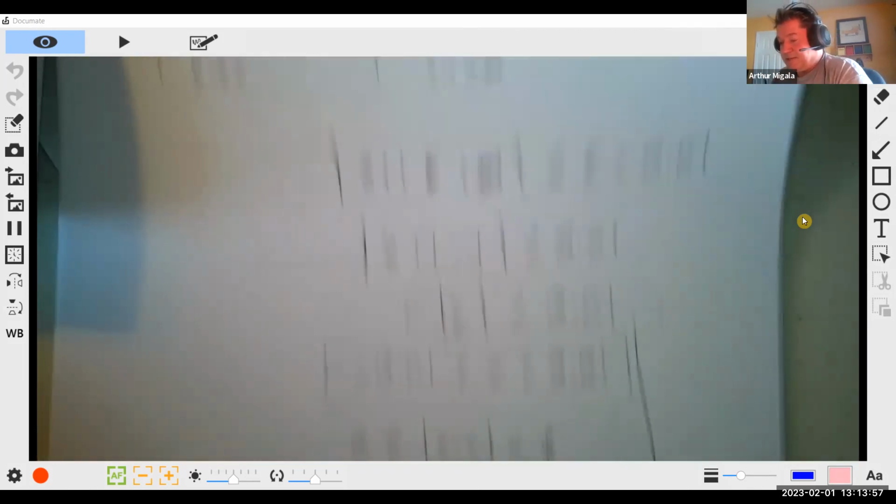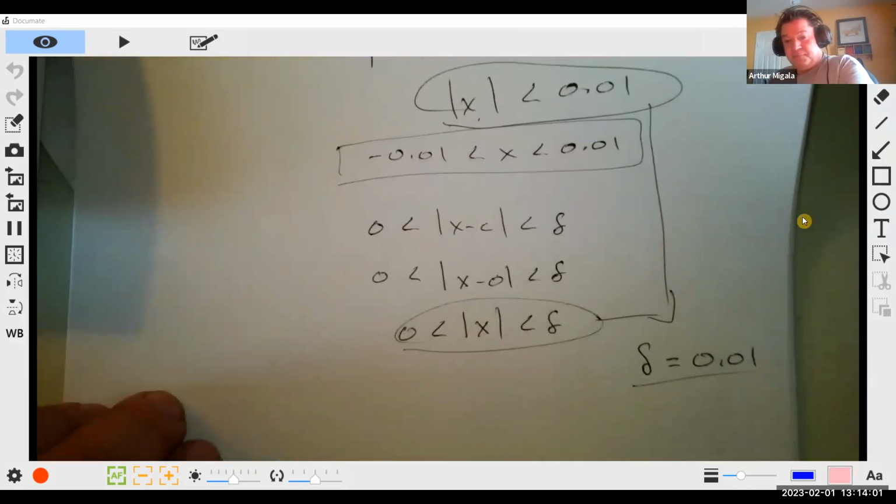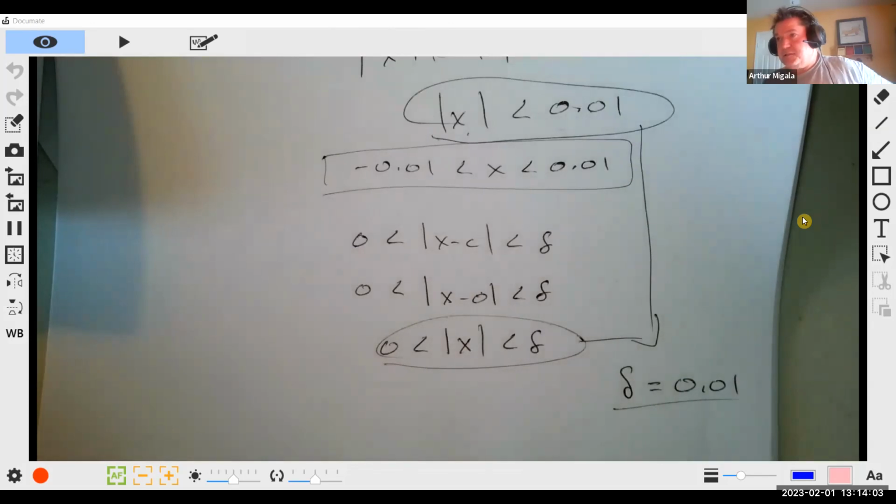Because it's so small, that's why the epsilon and delta values are the same. So that's the formal proof of the epsilon-delta definition of a limit.